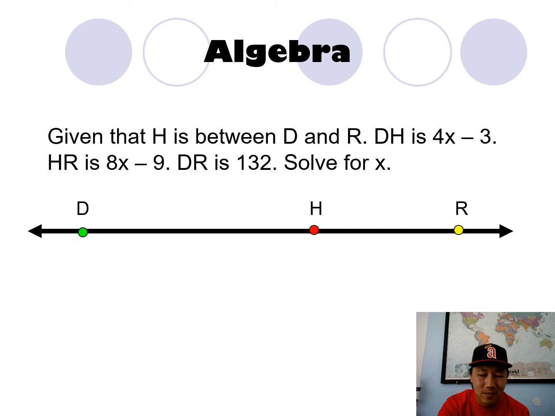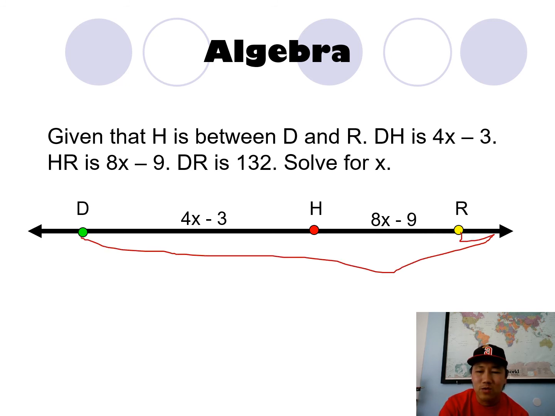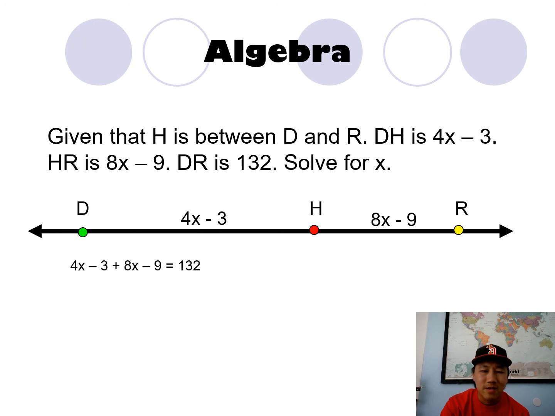We're going to go ahead and label DH, 4x minus 3, label HR, 8x minus 9, and then DR is 132, so the whole length is 132. You have to solve for x. So let's set up an algebra problem. 4x minus 3, if you add it to 8x minus 9, you should get 132.